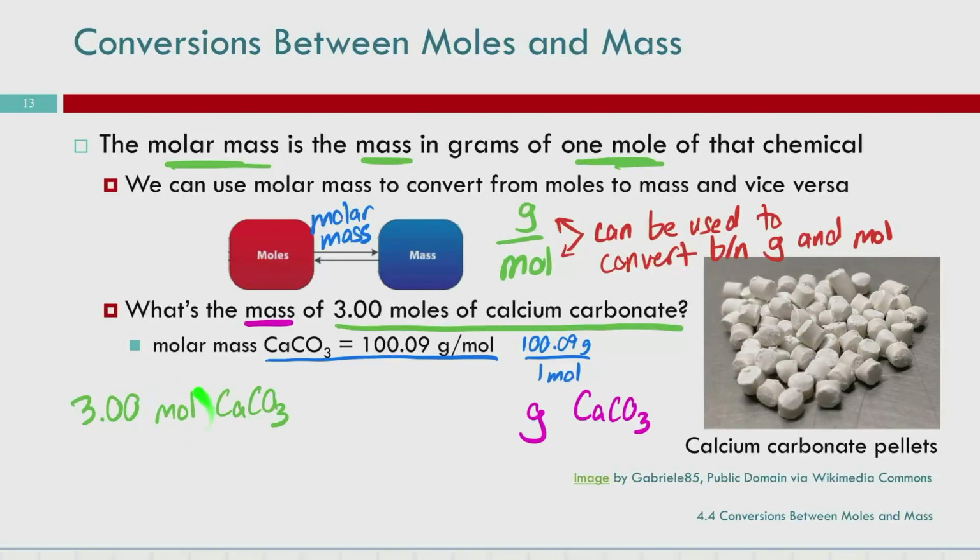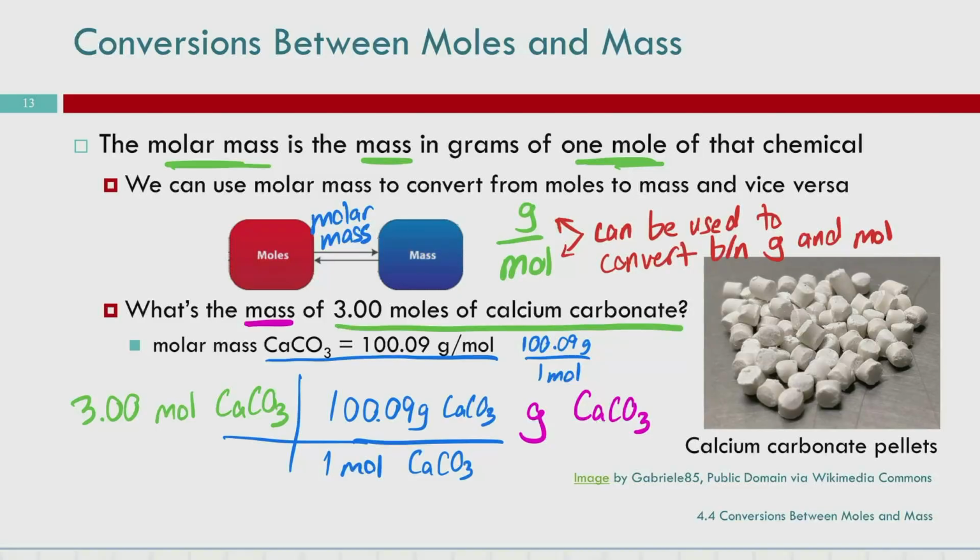Fortunately for us, we have moles. Moles is in the bottom of our molar mass, so we multiply. So the 100.09 grams and the 1 mole go on the bottom. You can also include the CaCO3 as part of your units. I usually leave this part off from the conversion factor because we've got one on the top, we've got one on the bottom, those would cancel out. However, if we're using multiple molar masses, maybe this would be a nice way of making sure that we're using the correct one.